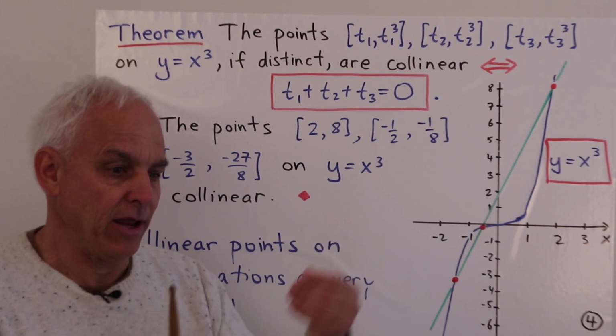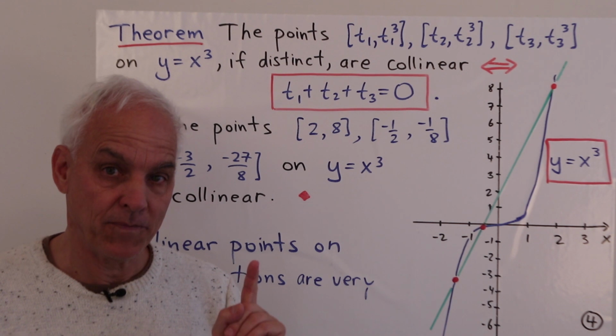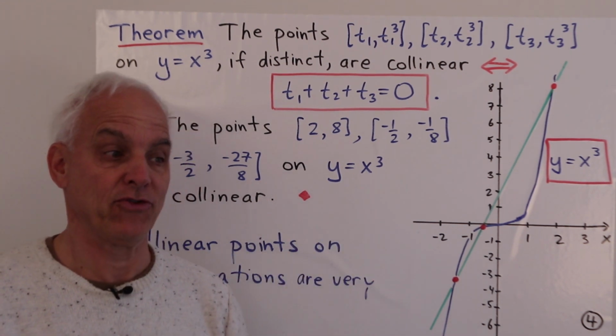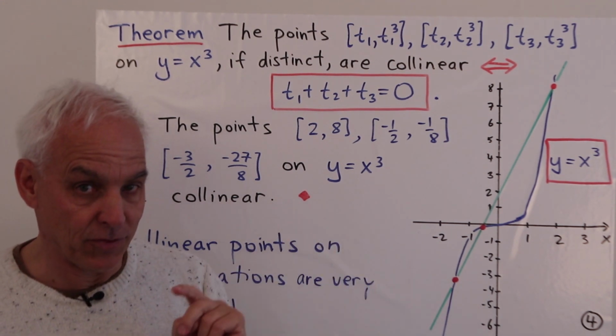Because the collinearity is equivalent to the signed area being 0. And we have that nice factorization of the signed area's numerator. So that's going to be 0 precisely when one of those 4 factors is 0.